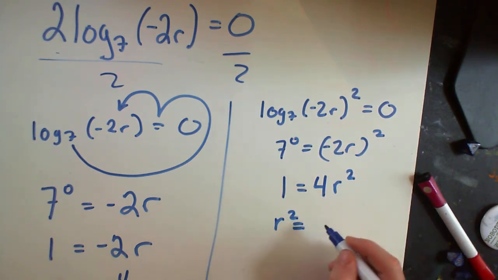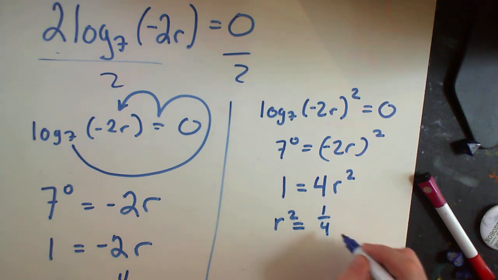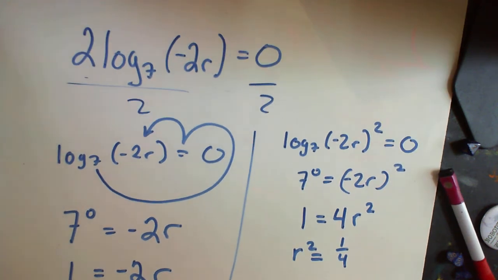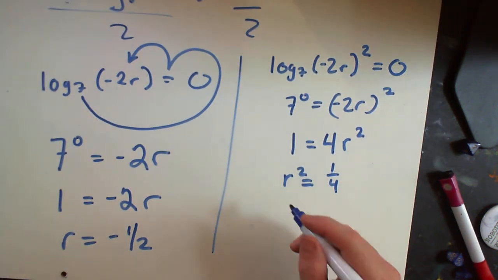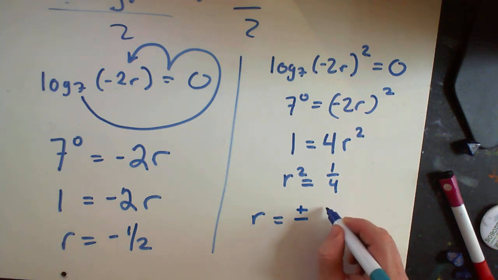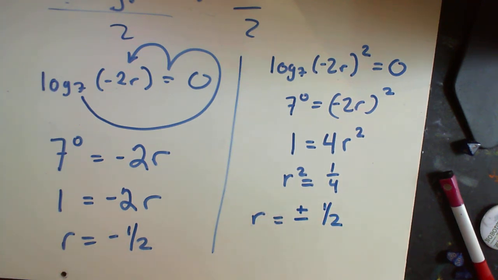R squared then would equal 1/4. Taking the square root of both sides, we get that r equals plus or minus 1/2.